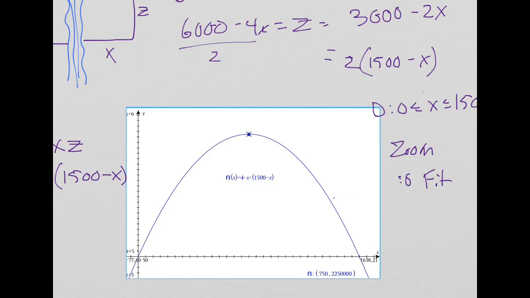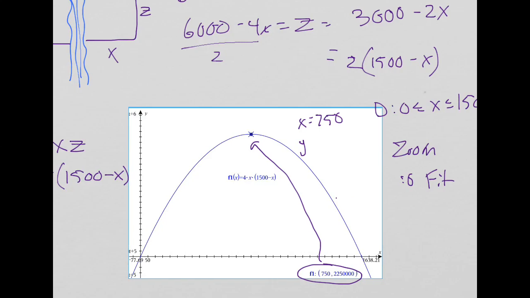If you do zoom fit, it'll automatically adjust the y values to the x values that you have chosen. That's what I did to get this graph, and then I traced, second calculate maximum, and I found that maximum value right there.